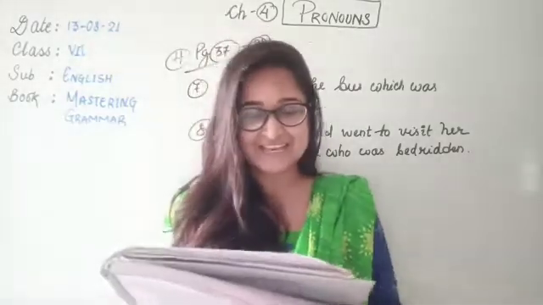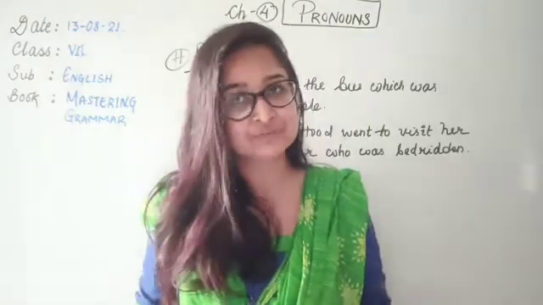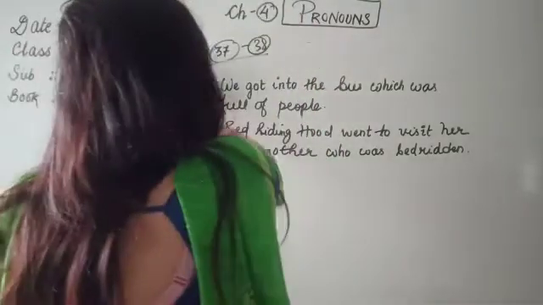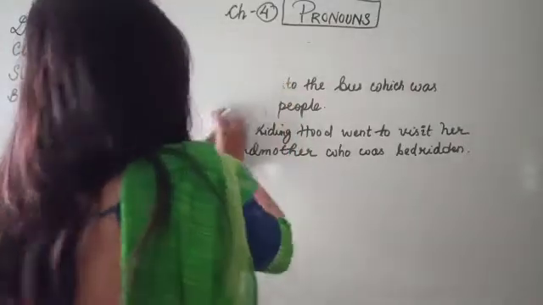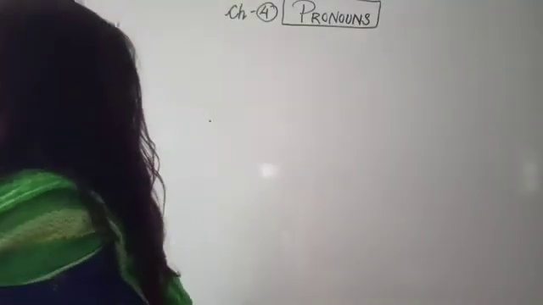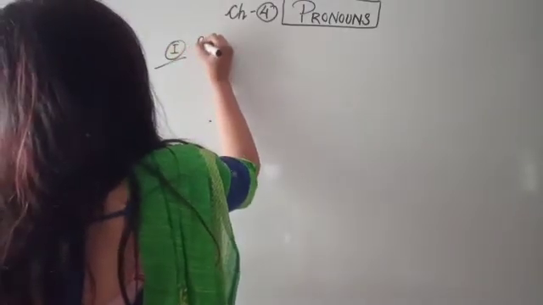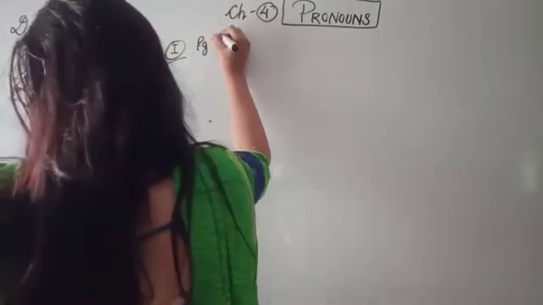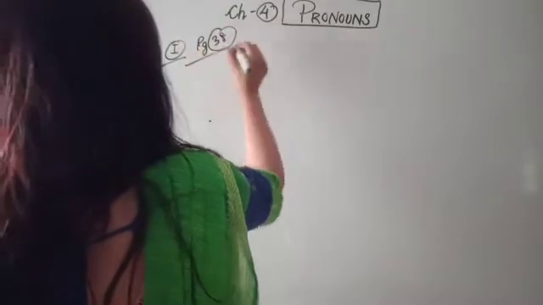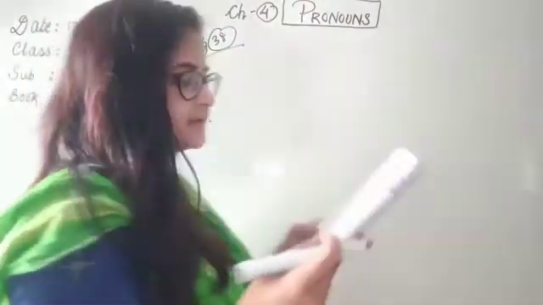Now we have an exercise. Join these sentences with the help of relative pronoun. Let's do it. This is going to be our exercise I. This is on page number 38. This is the building. It was built in a single month.